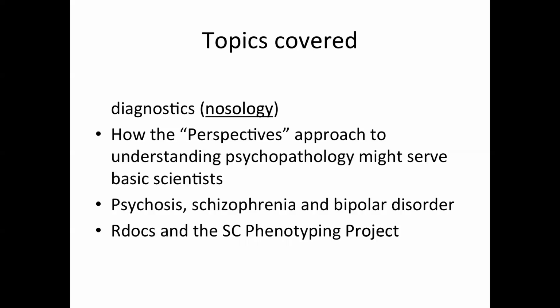I'm going to discuss the term psychosis and describe two diagnostic categories, schizophrenia and bipolar disorder, in which psychotic symptoms are often prominent. And then I'm going to very briefly describe two approaches to attempt to organize psychiatric phenotypic data in a manner that is more conducive to biological research than the current nosological system, than the DSM.